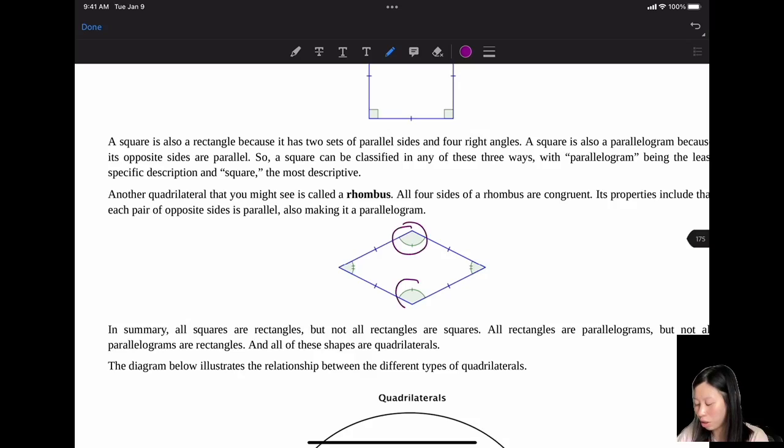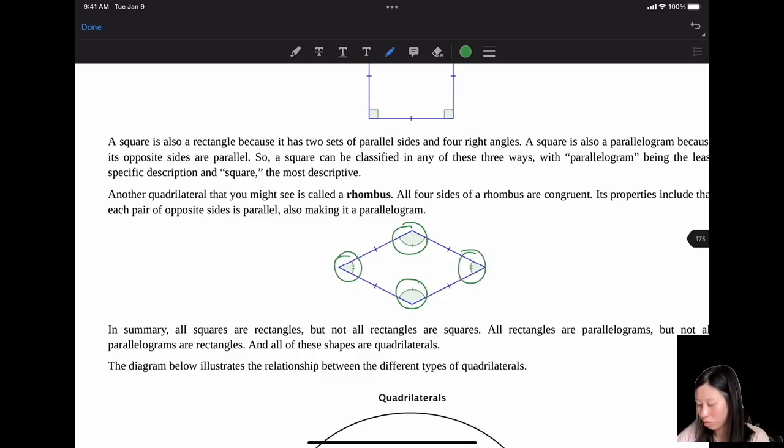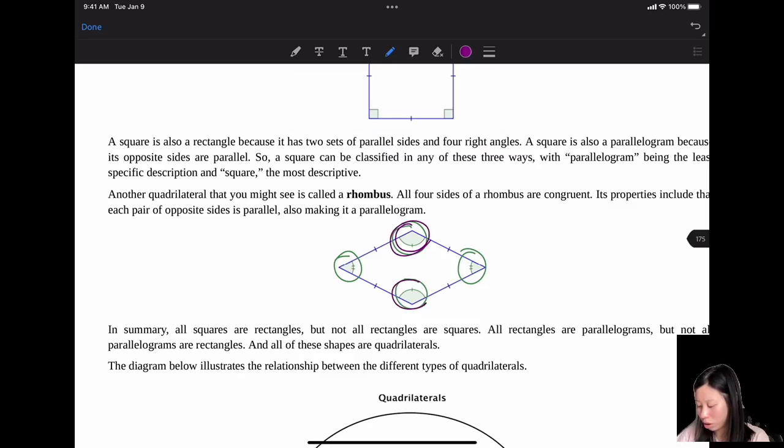But the opposite angles are equal to each other. These two are equal. All four sides are congruent. That means side AB equals side BC equals side CD, and also equals side AD.